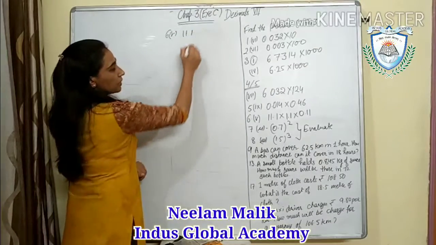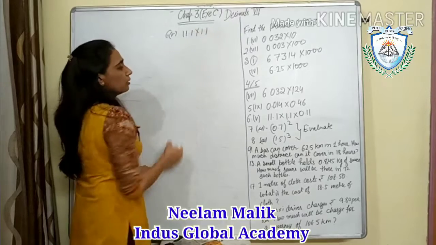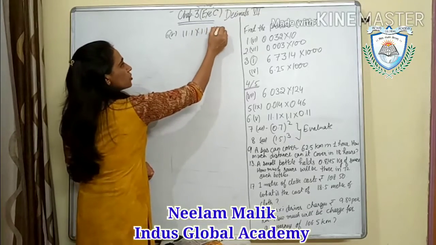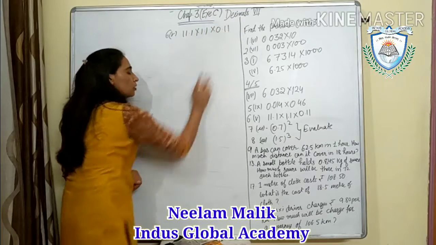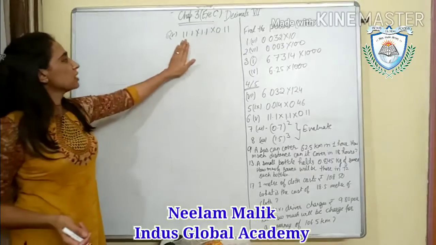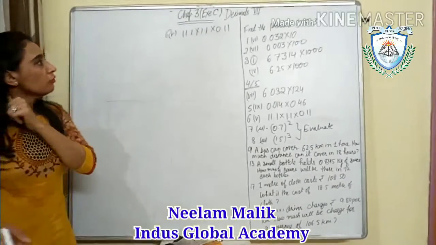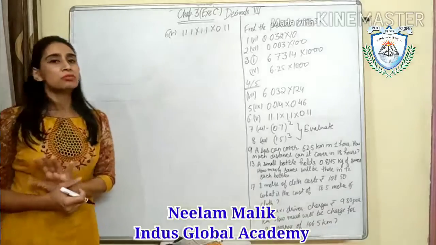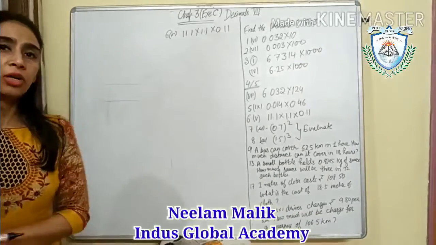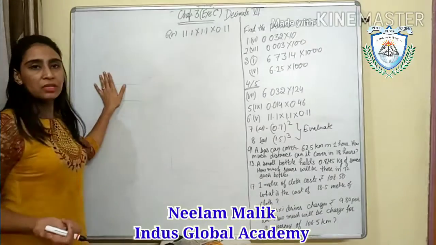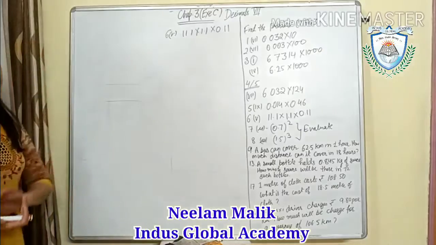11.1 multiplied by 1.1 multiplied by 0.11. Okay, here this is 11.1, this is 1.1 and 0.11. First you will multiply these numbers without the decimal point. Okay, and at the end, as we have written in the previous question, we will write our result.